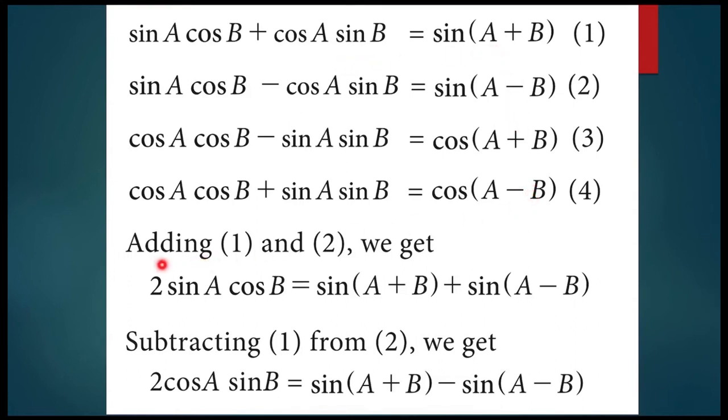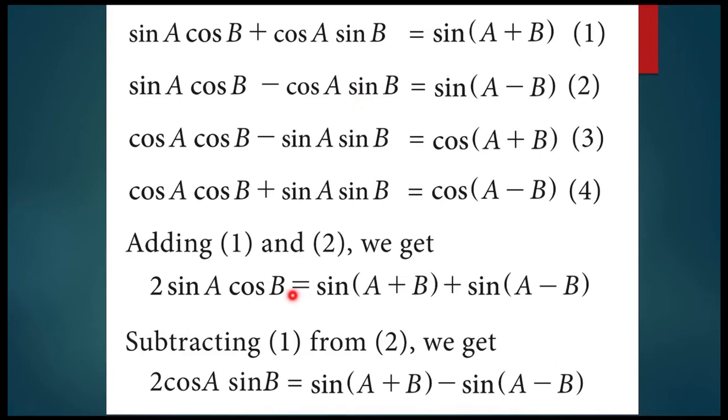Now we are going to add 1 and 2. On the left side, sin A cos B plus sin A cos B gives 2 sin A cos B. The cos A sin B minus cos A sin B cancels.